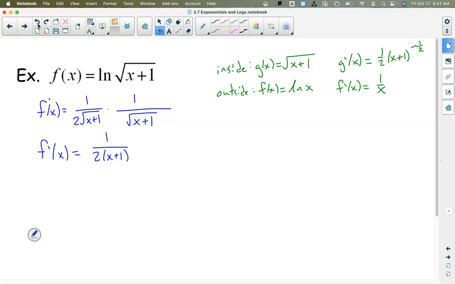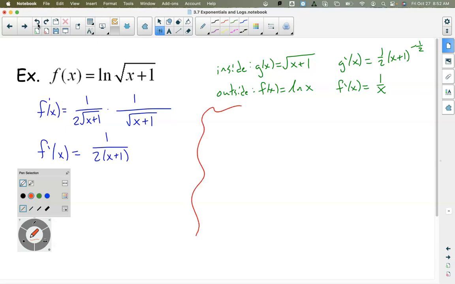Now I know what you're thinking. You're thinking, Mr. Mayor, I remember doing lots with logarithms last year. And one of my favorite things about logarithms were all those properties that we had. That's what you're thinking, right?